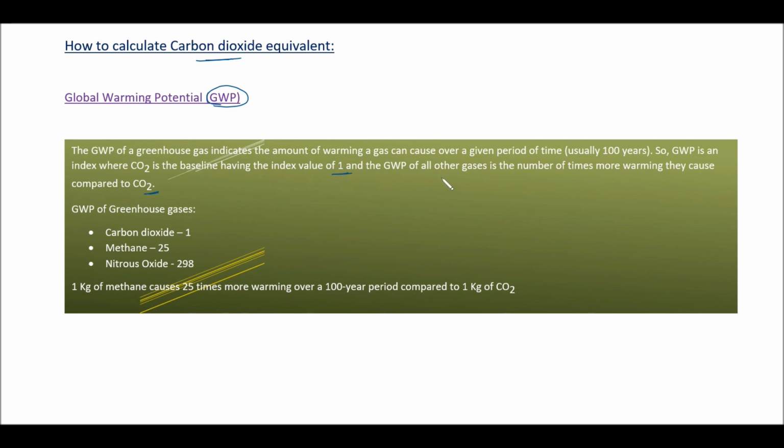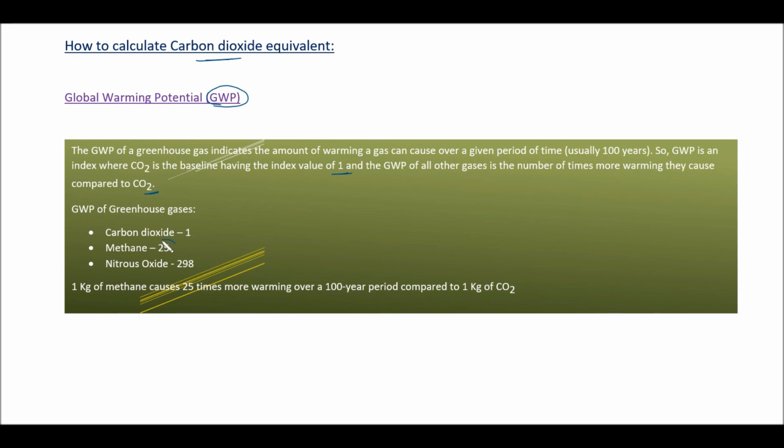All other gases are then noted based on the relative value. For example, the GWP of carbon dioxide is 1, methane is 25, nitrous oxide is 298. So what does this mean?